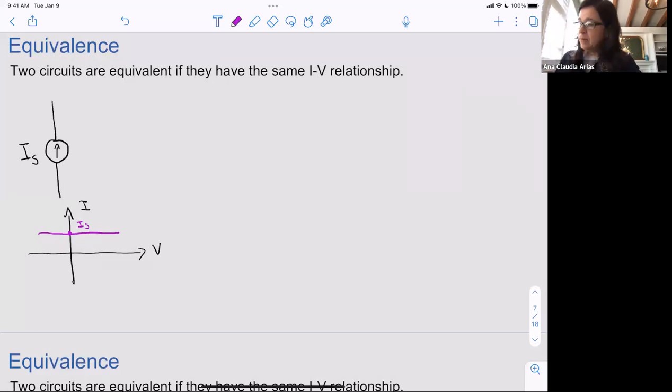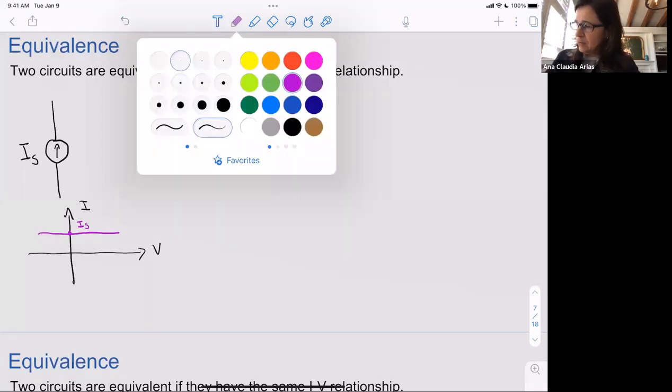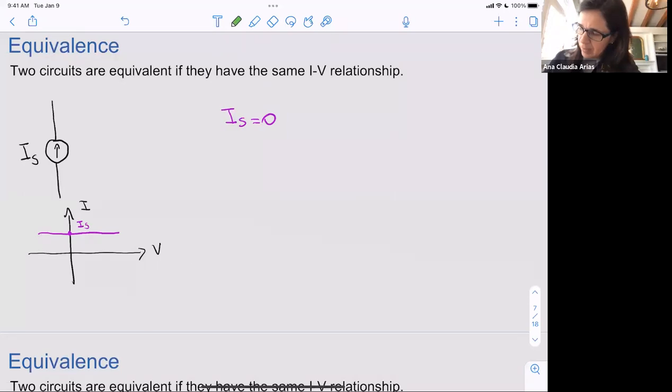Now, if we do the same thing and say I will set the current from my current source to be equal to 0, then just like we did with the voltage source, I'll bring Is here.